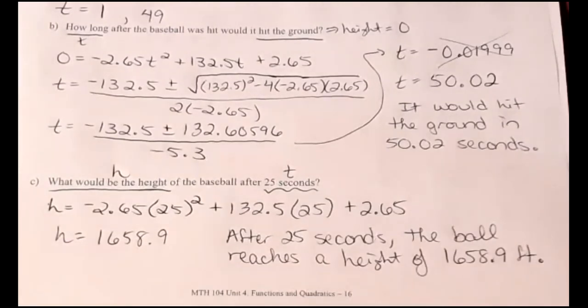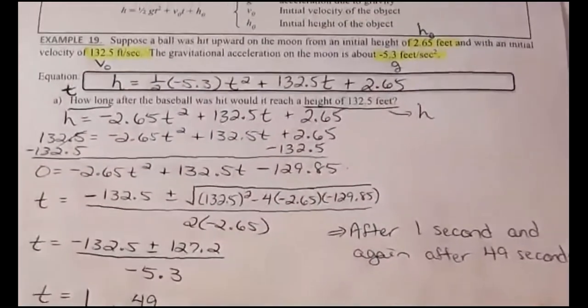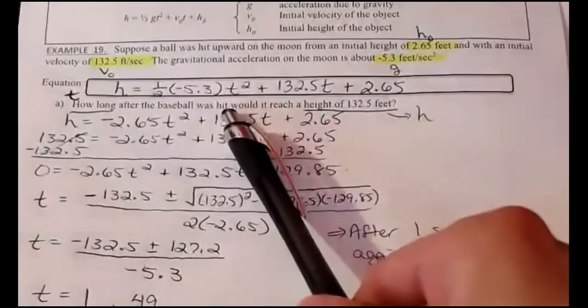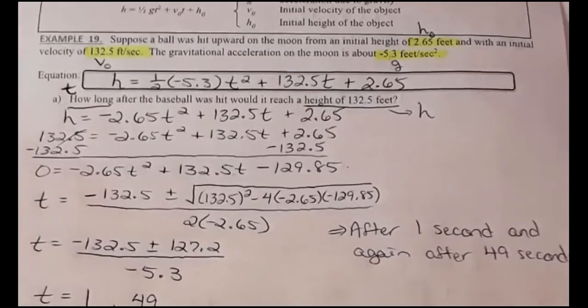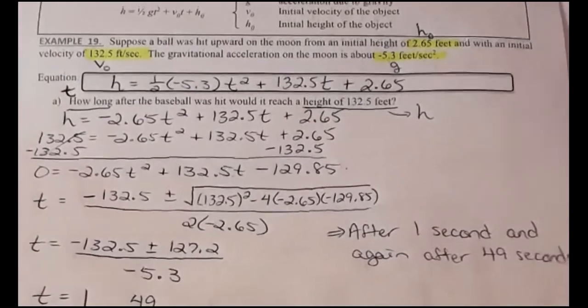The biggest piece of advice I can give you is identify what you're missing and what you're actually given. Typically in these kinds of equations, you only have two unknowns, right? I have an h, which is height, and t, which is time in seconds. Cool. If I give you one, you can solve for the other. That's going to be incredibly helpful to think about, okay? If you have one, solve for the other.